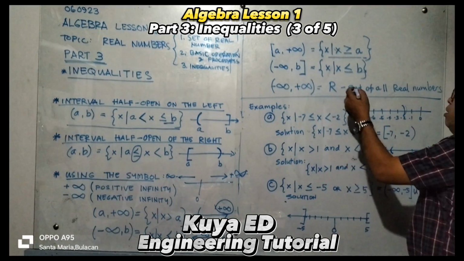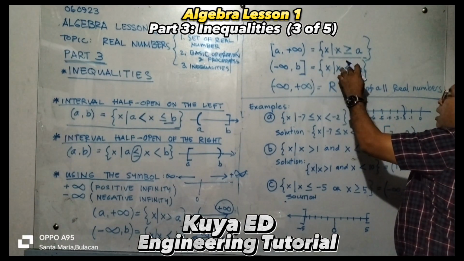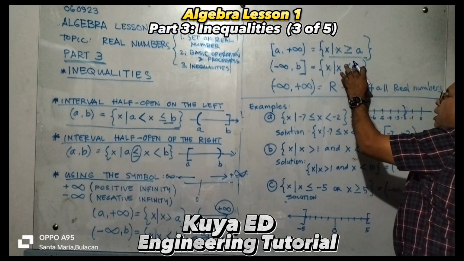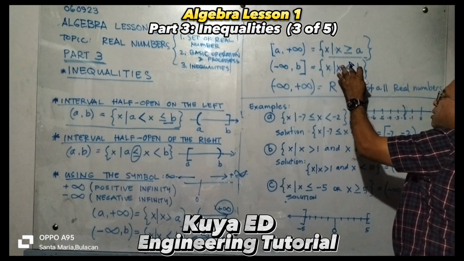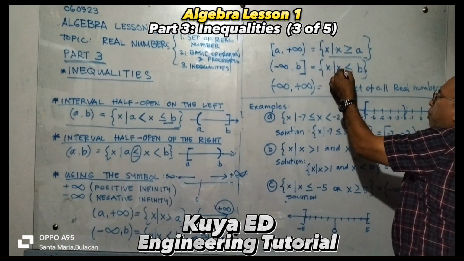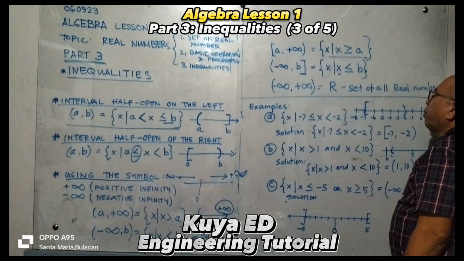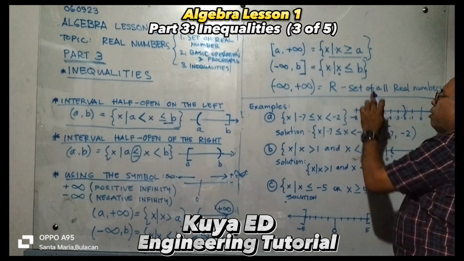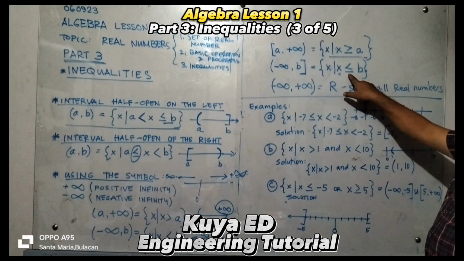No? Kaya dito, ang ginamit natin ay X is less than or equal to B, to represent the value of X is less than or equal to B. Bakit natin ginamit ito?